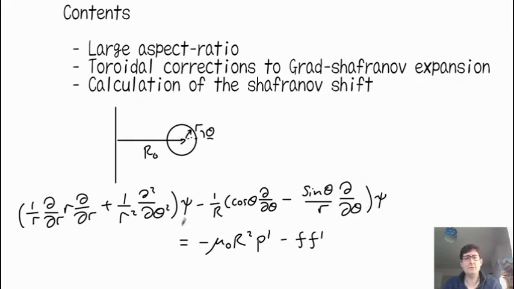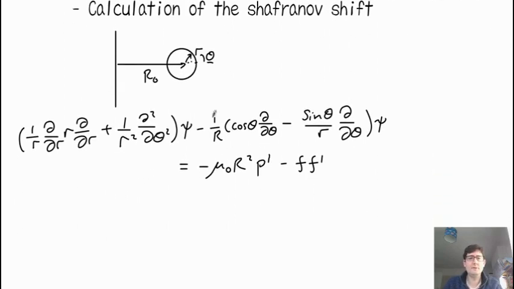In the previous video I showed that when you go to large aspect ratio, so if you assume this is a cylinder, infinite aspect ratio, you end up with psi, the flux function, written as some function of r and theta. When you write this as a zeroth order term, if it's only a function of r, so it's constant in theta, then essentially all of this disappears.